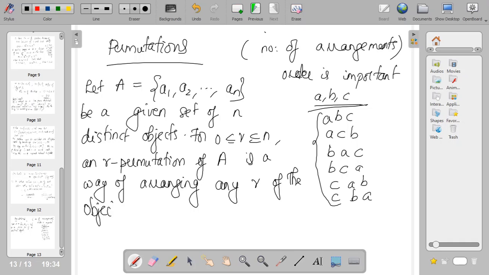And when you have r equal to n, we will get an n permutation.